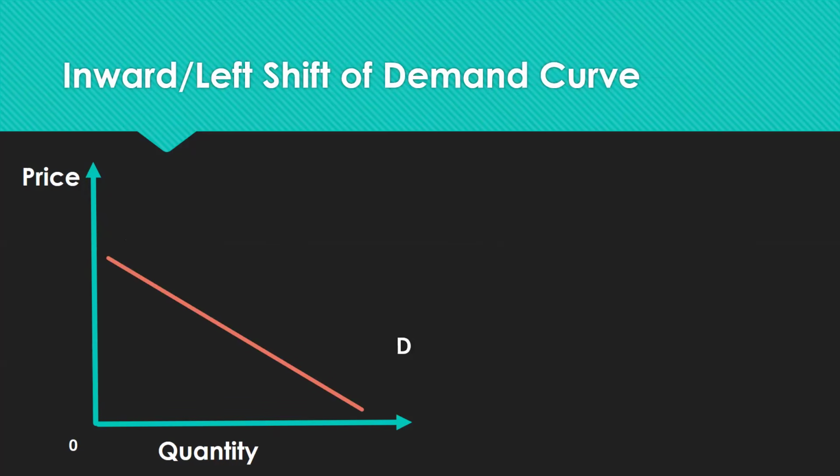Now, what could shift the curve to the left is if people are buying less of it. A few factors could cause the demand curve to shift to the left, and it's basically the opposite.